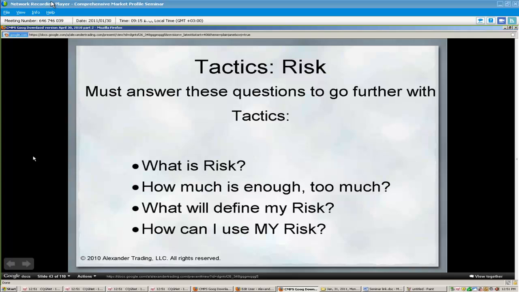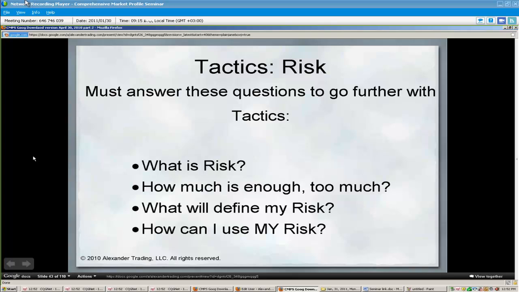Because everybody out there wants to risk 2 ticks or 3 ticks and expect to be able to consistently trade profitably. It can't be done. You're trading in noise. So you have to have an understanding of risk that's more sophisticated than what your typical trader thinks of risk in terms of a dollar amount or a tick size.